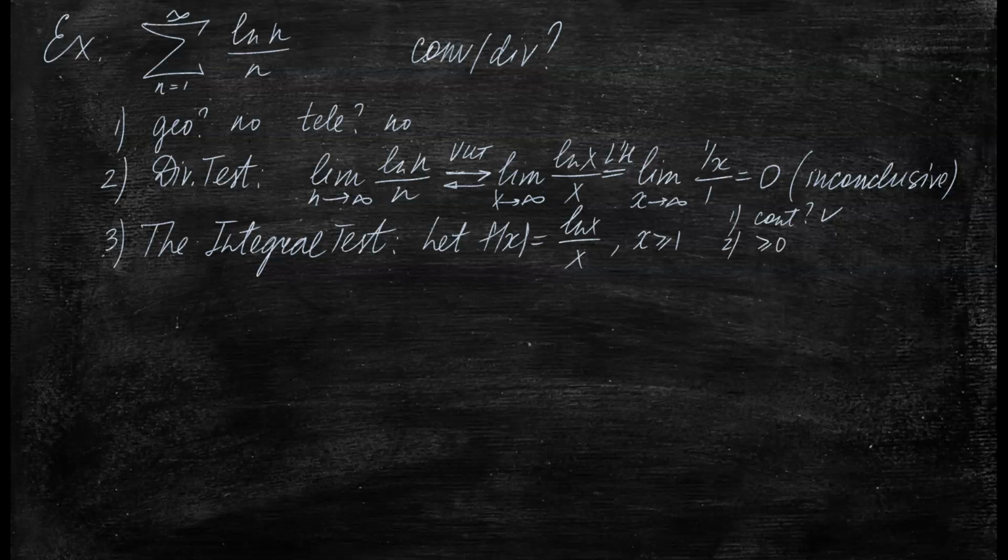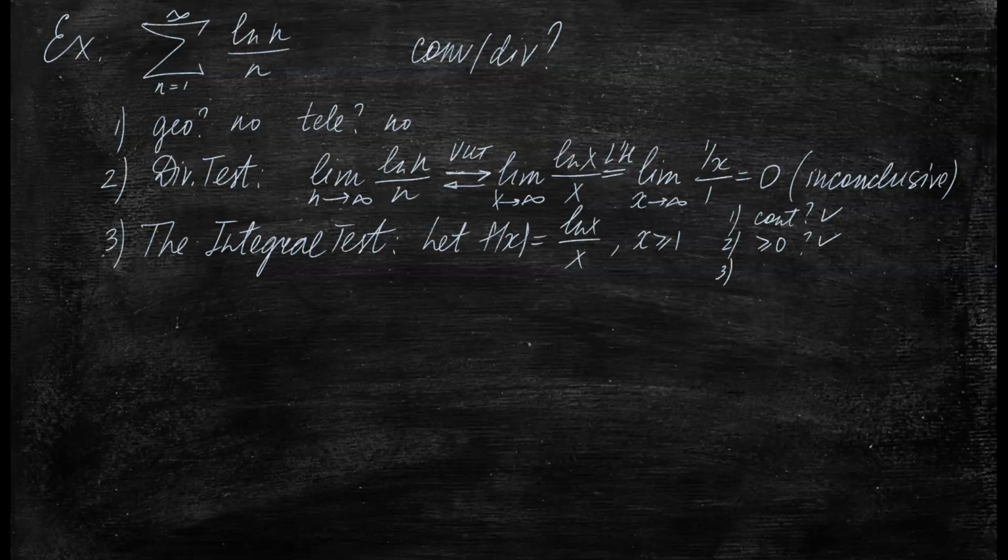Second, is it always positive? ln of 2 may not be positive, but again, it doesn't matter what the function does for finitely many first terms, or what the series does for finitely many first terms. So even though it's not always true, it's almost always true. So we're going to check this box.